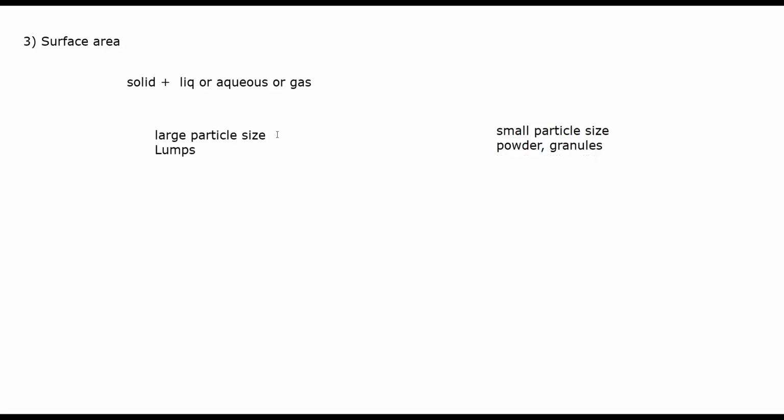So what happens, for example, if there is a reaction between acid and metal, metal reacting with acid? Acid is aqueous. All the acids are aqueous. They are all in water. And the metal is there in a solid state.